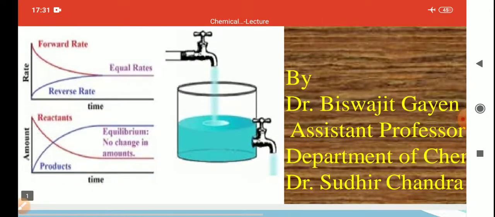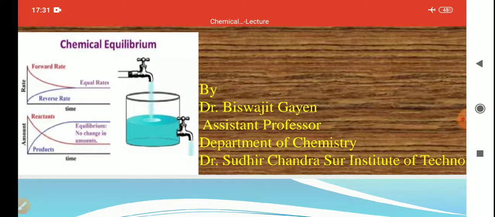So ultimately there will be no change in the chemical composition of the reaction.